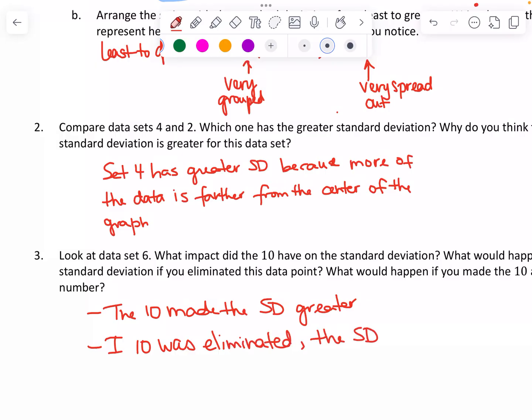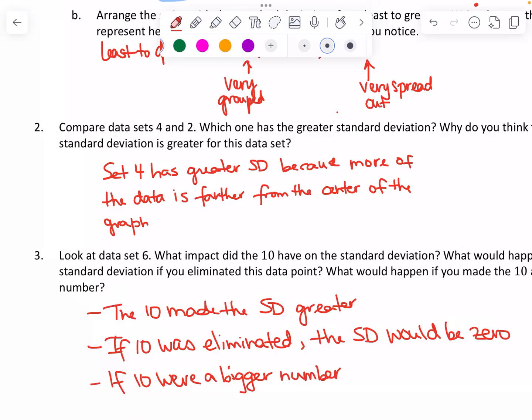Oh, I forgot to put the F on if. And then one more observation. If 10 were a bigger number, so let's say it was like 15 or 20, that would increase the standard deviation. The standard deviation would increase.